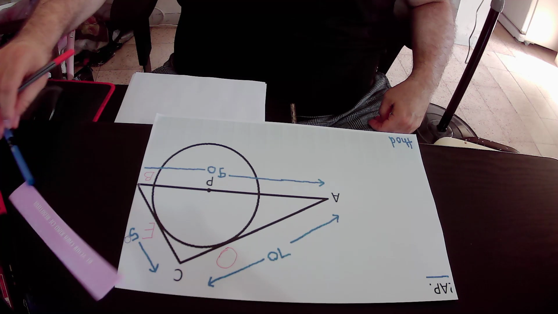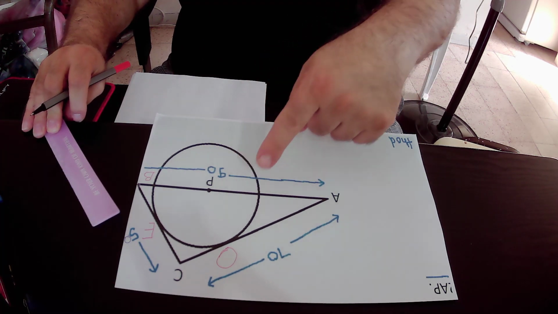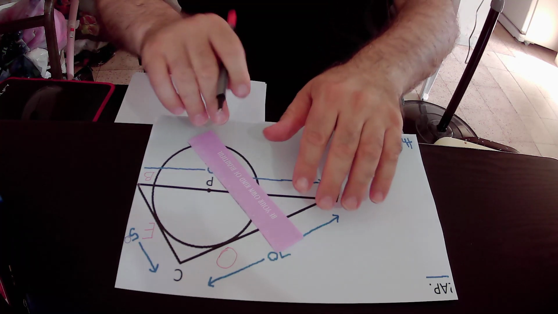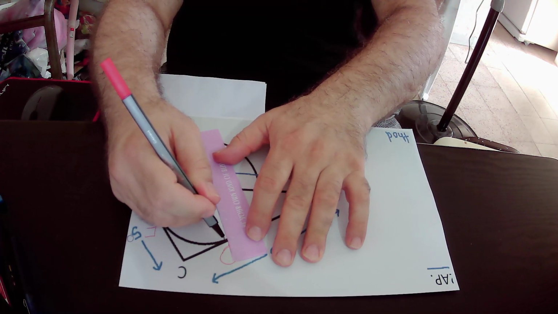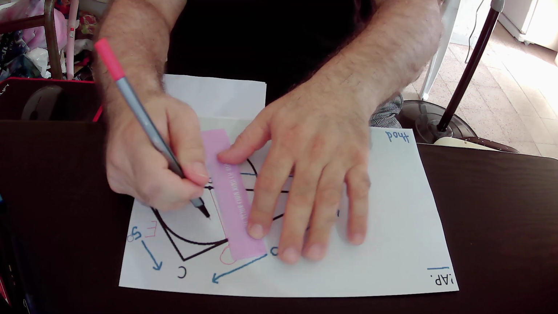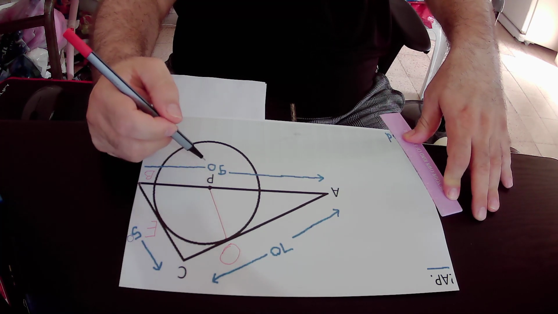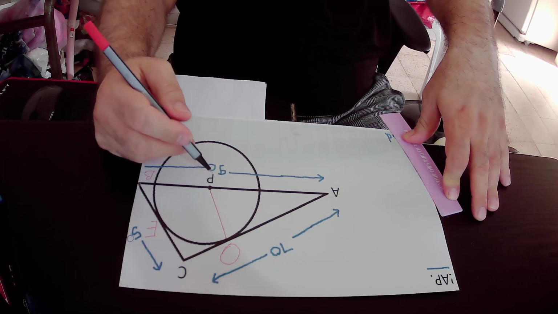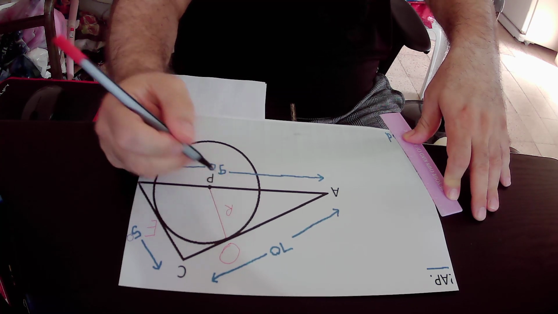In the next step, we'll connect points O and P together by a straight line. Actually, PO is the radius of the circle. I will call it R, abbreviation for radius.